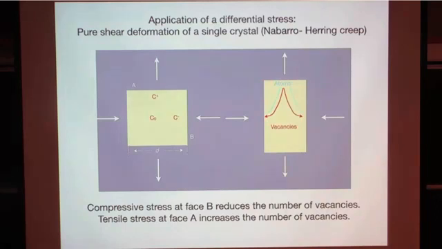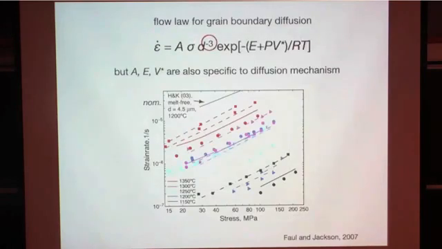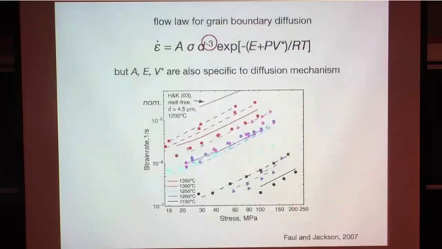And if you do the geometry of this problem, you end up with a cubic grain size dependence, not a squared grain size dependence. So experimentally, we can distinguish between grain interior diffusion and grain boundary diffusion. And pretty much what is almost always observed, except in particular circumstances, very fine-grained materials, is that grain boundary diffusion is so much faster than grain interior diffusion, so you always end up with this cubic grain size dependence.